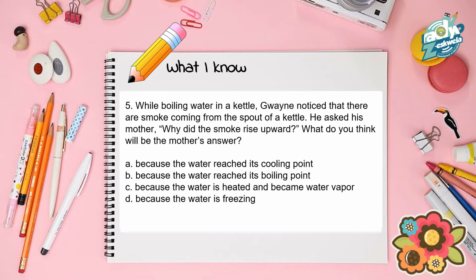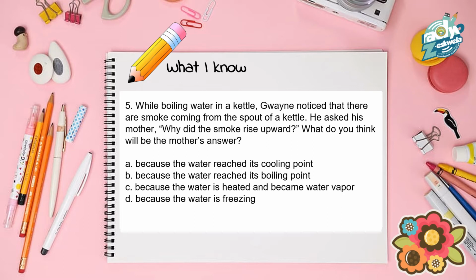Again, number 5. While boiling water in a kettle, Gwen noticed that there are smoke coming from the spout of a kettle. He asked his mother, "Why did the smoke rise upward?" What do you think will be the mother's answer?